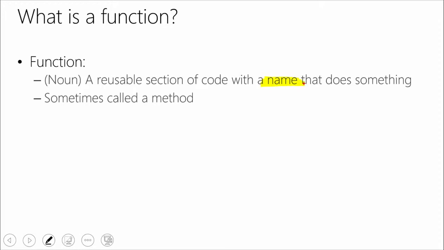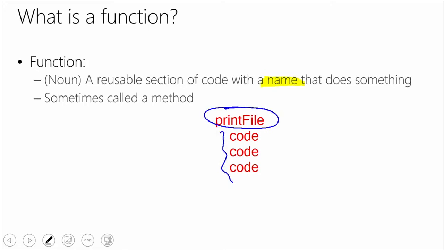So if I created a function and I called this function print file, and then inside of here I had all of the code to go in and print that file, I don't need to know necessarily what's going on inside of all of this, because if I look at this, it says print file. What do you think that's going to do, Susan? I think maybe that will print a file.